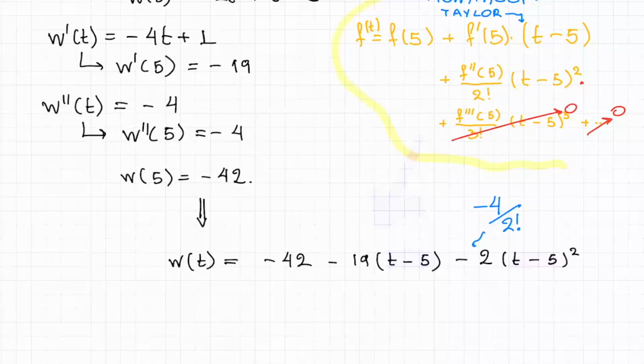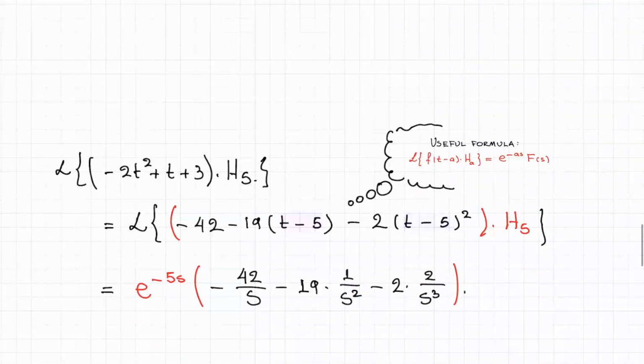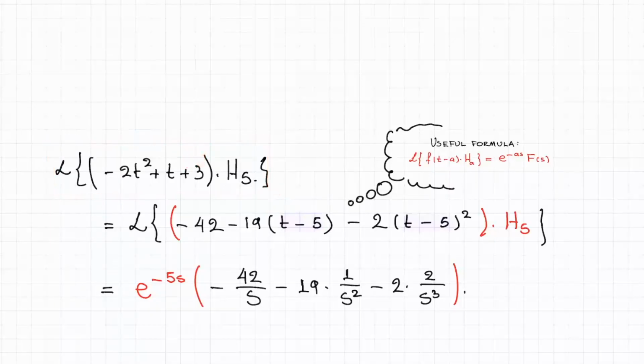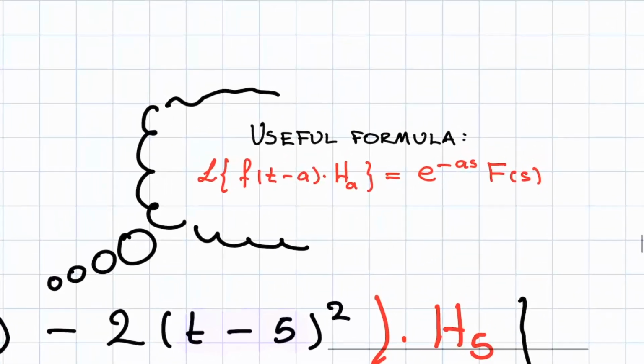And we can now use this expression to determine the Laplace transform. We need to determine this Laplace transform. This is the w we defined before, and now we're writing w this way, and see we have t minus 5 and t minus 5 again. That's very useful, because now we can use this formula.